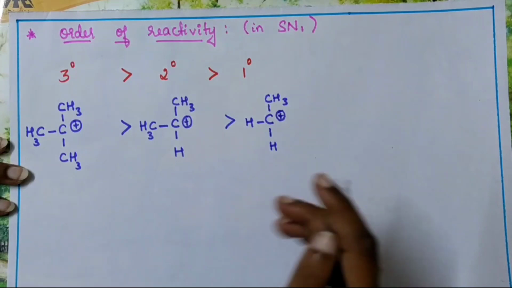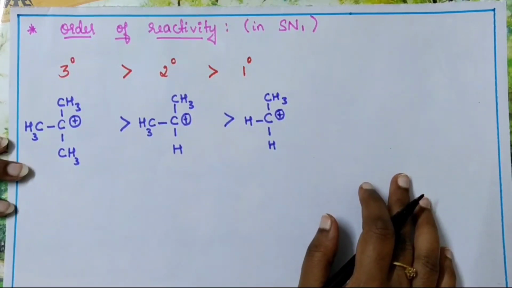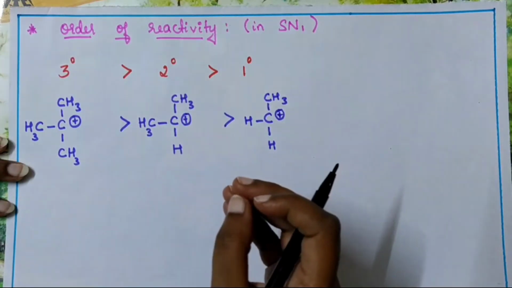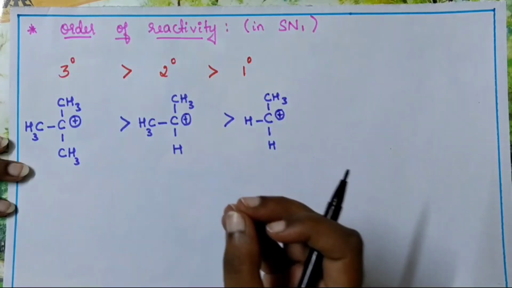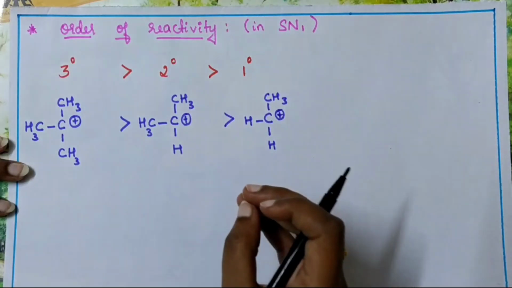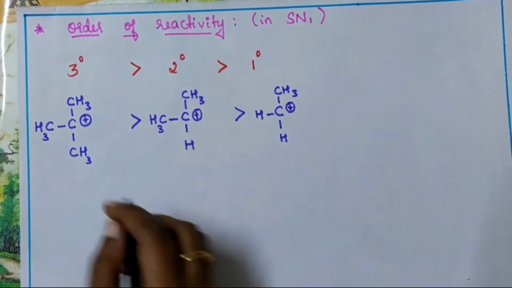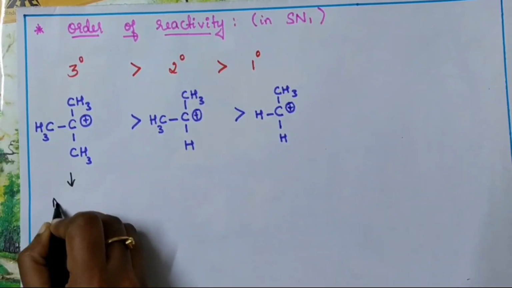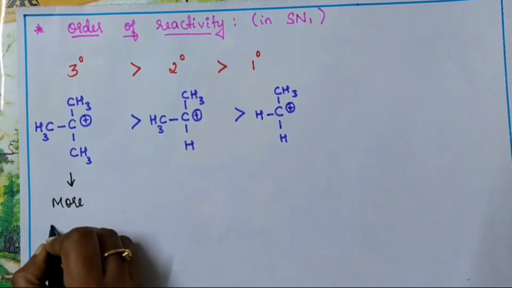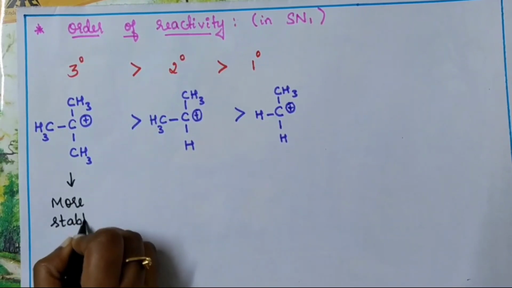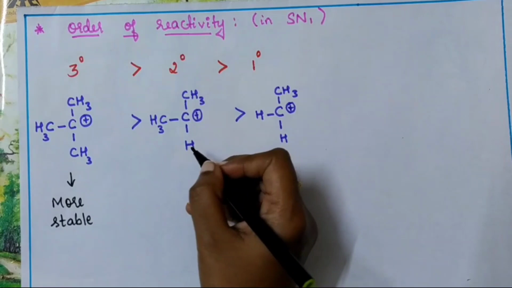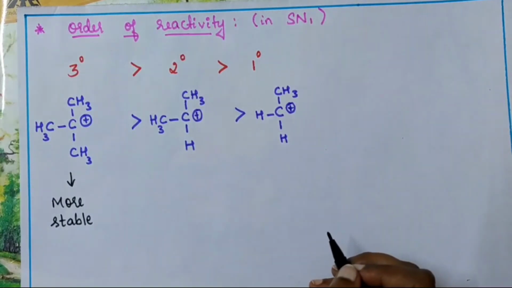In our last classes, we have already discussed the stability of tertiary, secondary and primary carbocations. We already know that a tertiary carbocation is more stable, or highly stable, than the secondary and primary carbocations.